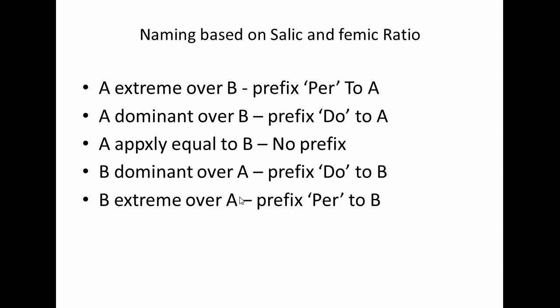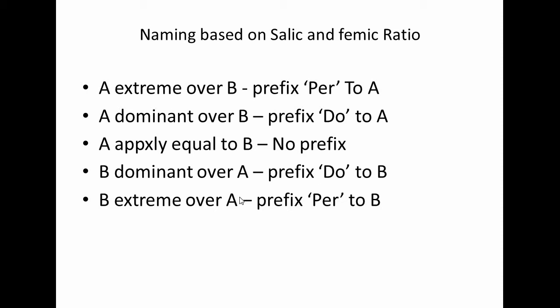After finding the salic femic ratio, we can attribute the name of the rock according to the percentage of the salic femic ratio. For example, when A and B refer to salic and femic respectively.